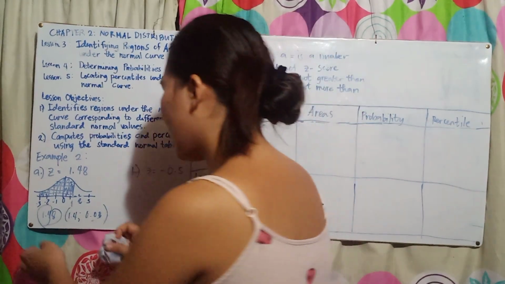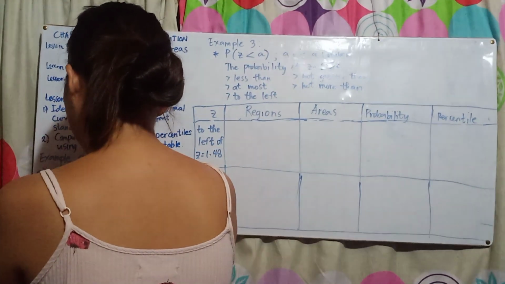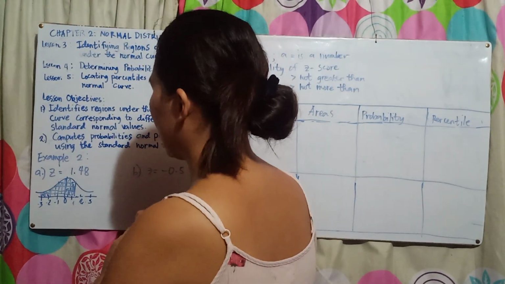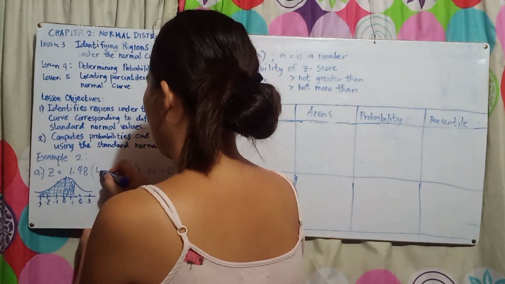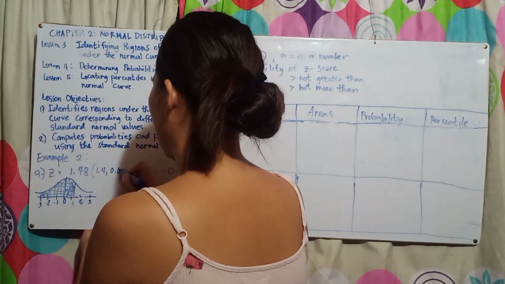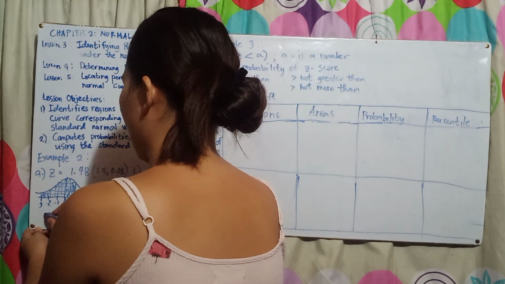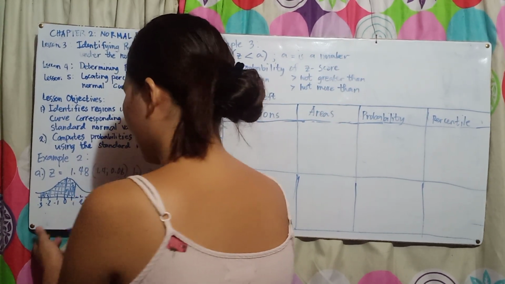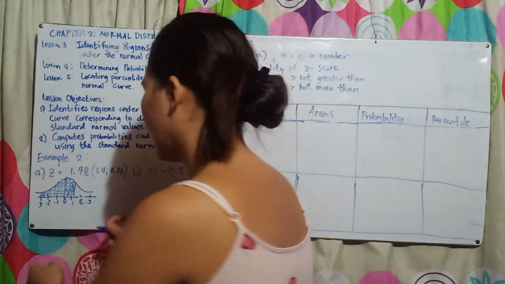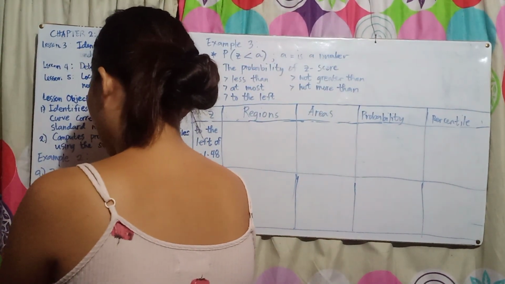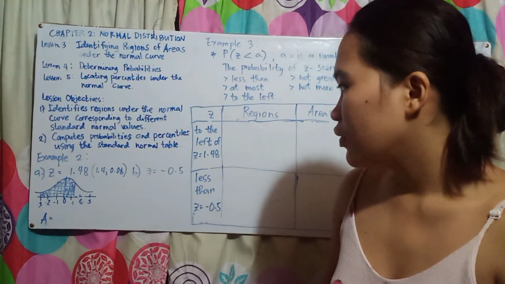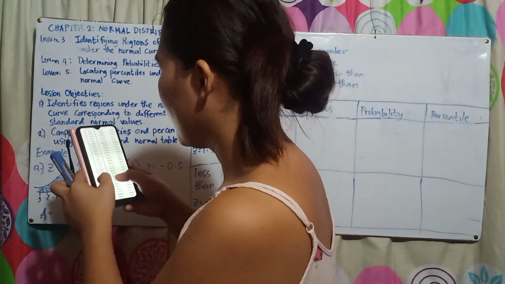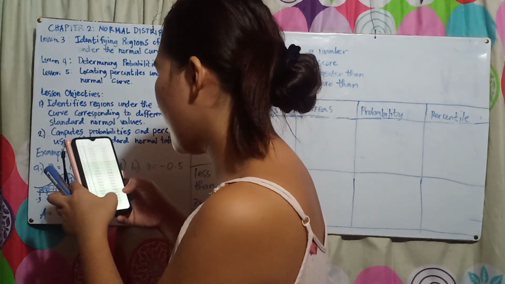So, now we will find the area. The 1.48 in the table is 1.4 and 0.08. Looking at the table, 1.4 is in the positive table, 1.4 and 0.08.